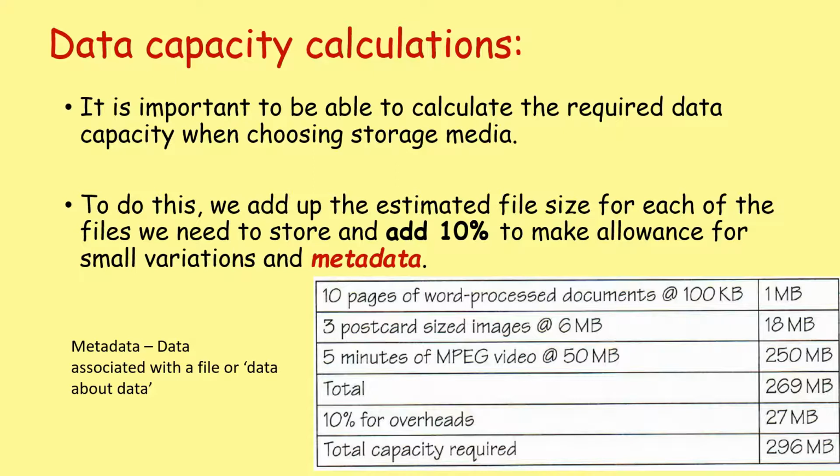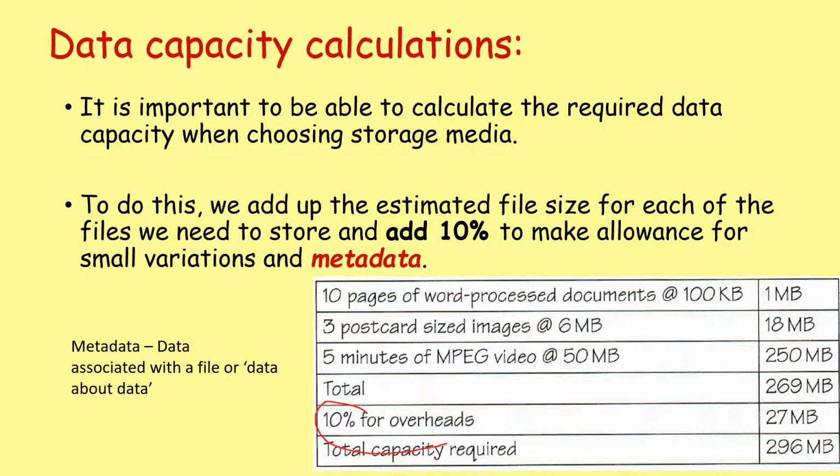So if we take a look at the example here, we can see I've got 10 pages of word processed documents at 100 kilobytes, so that's 1 megabyte in total, 3 postcard sized images at 6 megabytes, totaling 18 megabytes, 5 minutes of MPEG video at 50 megabytes each, 250 megabytes, for a total of 269 megabytes. Then to this, I'm going to add in about 10% for overheads and metadata.